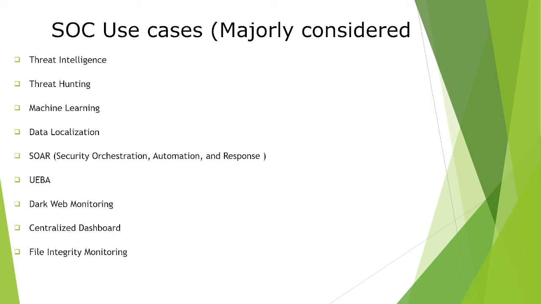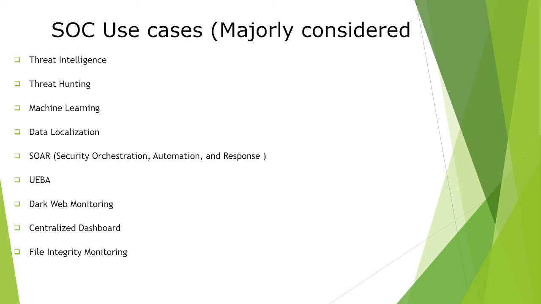Dark web monitoring means, if anyone is using your company data, your template, your company logo, or your company web page, or any mirror of your data, this tool will try to figure it out. If it is there, it will immediately notify the respective user. That is how the workflow comes into the picture.